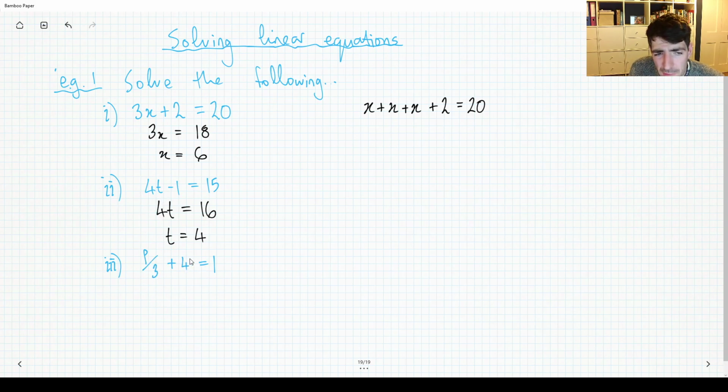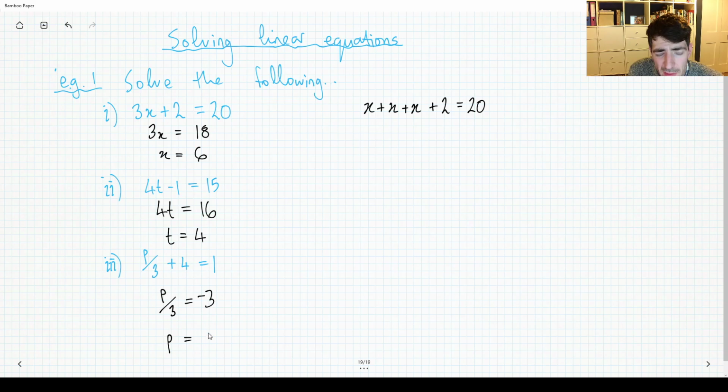So for this one, the first thing we want to do, just like before, is subtract 4 from both sides. So the left-hand side becomes p over 3, and the right-hand side, well, we've got 1 subtract 4, that's negative 3. Now the next step is, rather than, when we had 4t equals 16, we divided both sides by 4. Here, if we want to get just p on the left-hand side, we need to actually multiply it by 3.